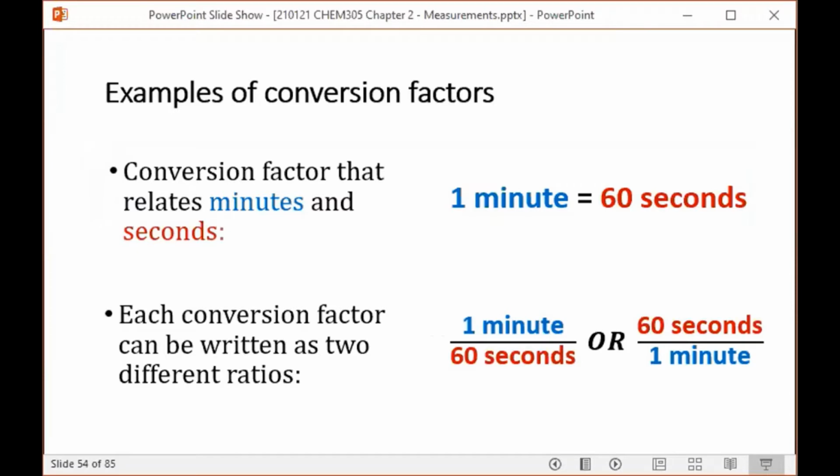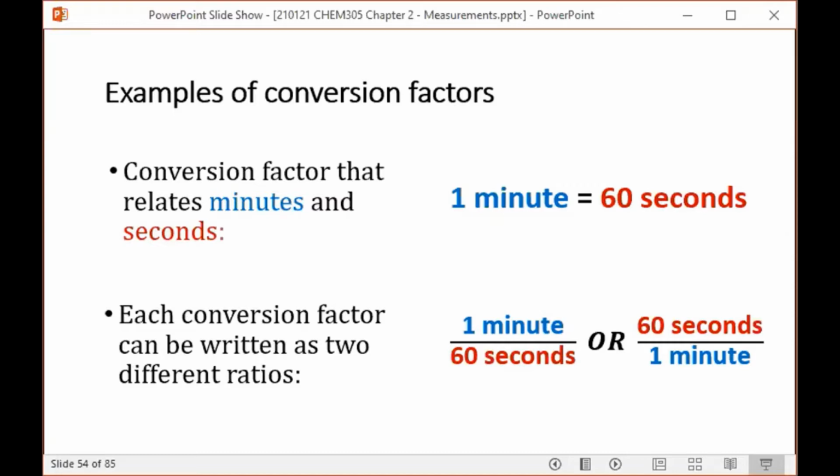For example, if we want to convert between minutes and seconds, you can write this mathematical relationship where 1 minute equals 60 seconds. That is a conversion factor. We're showing how minutes and seconds are related. That conversion factor, 1 minute equals 60 seconds, could be written as two different ratios: 1 minute per 60 seconds, or 60 seconds per 1 minute.